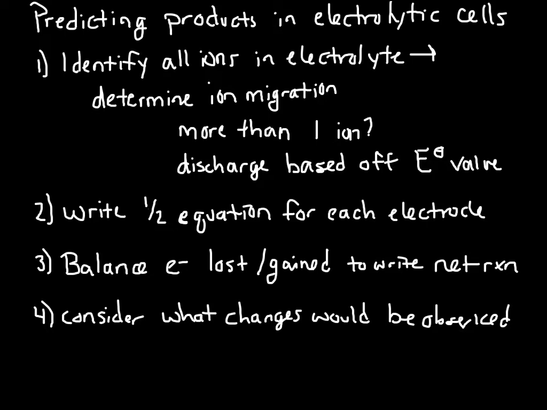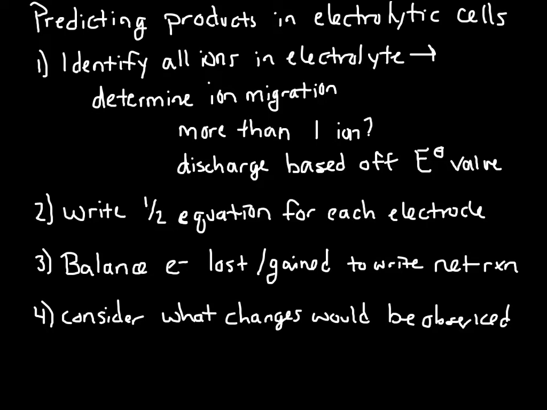All right, so what are we going to use from this? Well, predicting the products in electrolytic cells. How do we know what we are going to make in this process? Steps you want to do. First, you want to identify all the ions in your electrolyte, what is provided to you. Once you know what's in your electrolyte, you want to determine the ion migration.